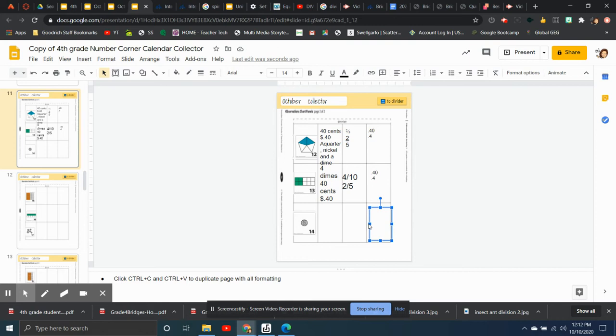I wonder if you remember what it was. So we can write 50-cent piece, because that's what it is. 50 or half dollar. Right, 50 cents.